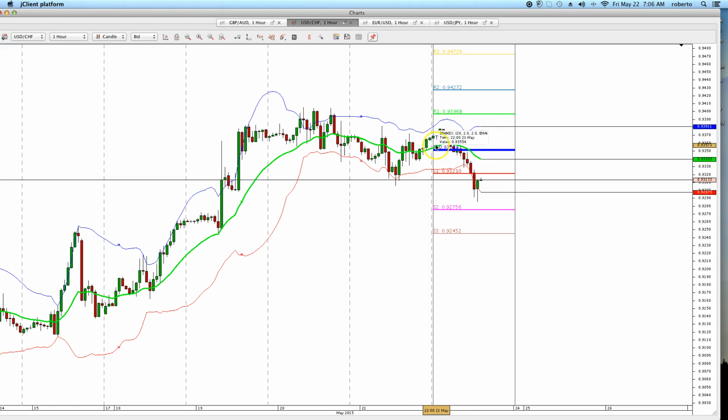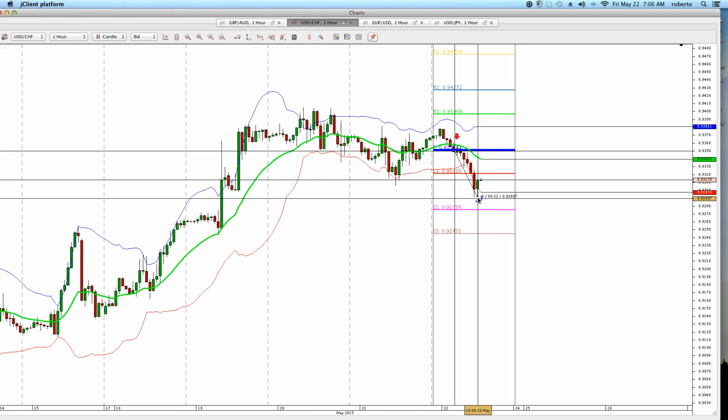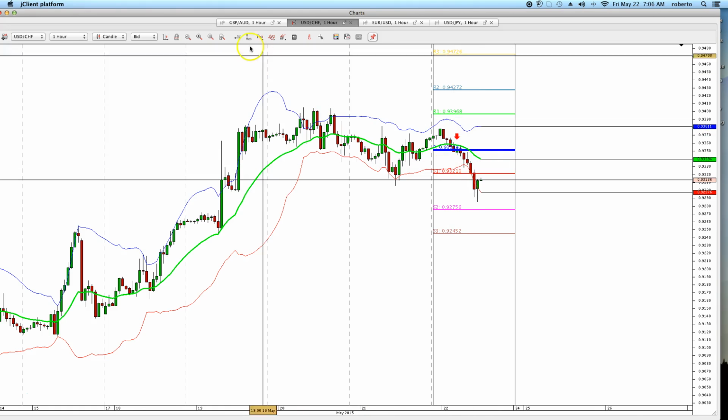And this trade would not have worked because you would have had to reverse positions. If you were buying, you would have to reverse position and exit and sell below the central pivot point and below this moving average line. You would have made up all your losses. Price went down about 60 pips.